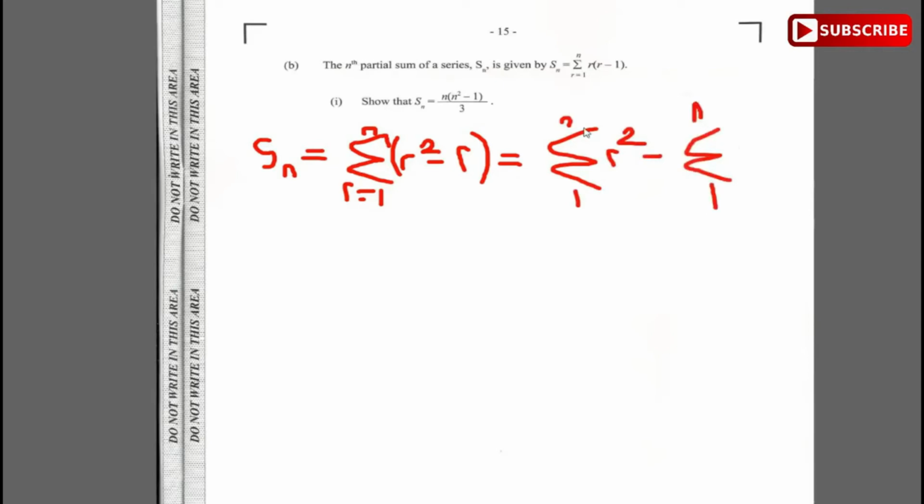Now the sum from 1 to n of r squared is given by a formula, and that formula is 1 over 6 n times n plus 1 times 2n plus 1. That's the sum from r equals 1 to n of r squared.